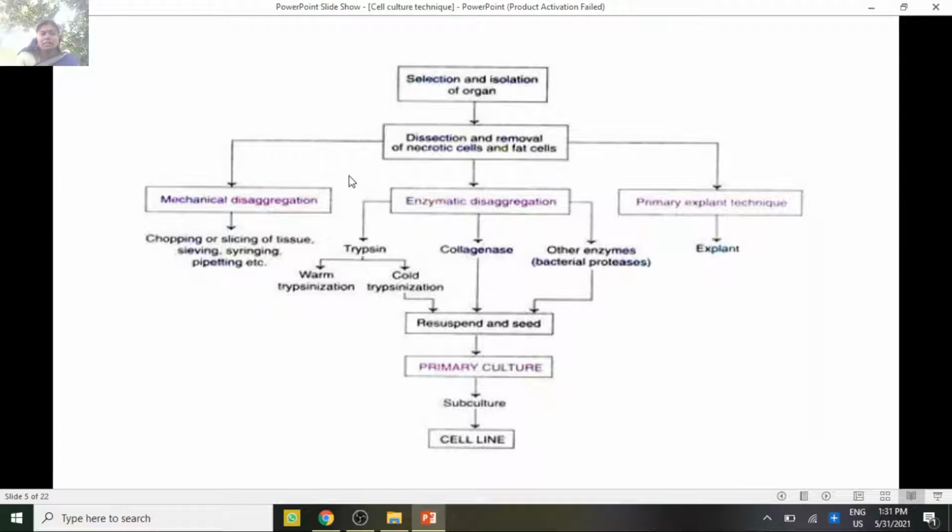In the disaggregation, there are two methods employed: mechanical disaggregation and enzymatic disaggregation. Mechanical disaggregation is done by chopping, slicing the tissue, sieving, syringing, or pipetting. I will explain these techniques one by one.